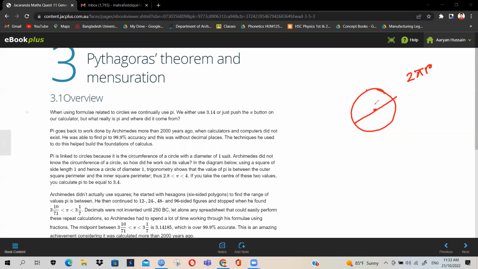It could be this, it could be this, any of these lines would be called a diameter. So if we take the ratio of these two, that would be pi. It is a number with infinite digits after the decimal point.